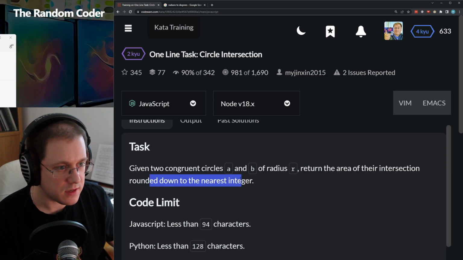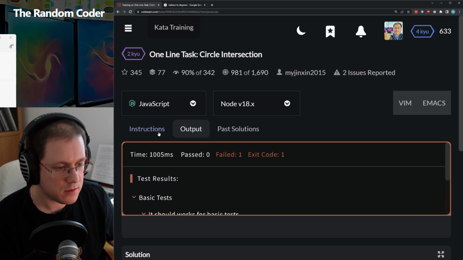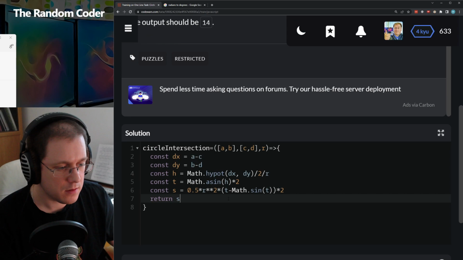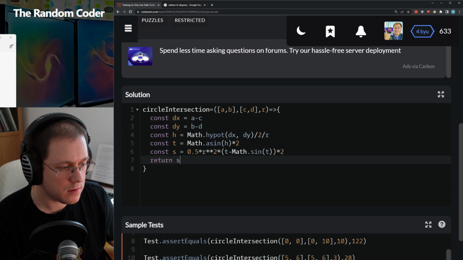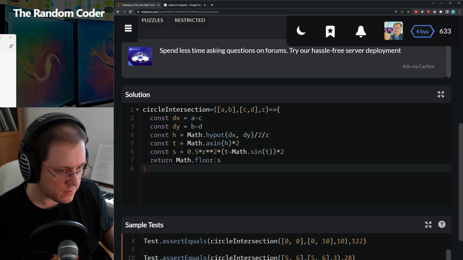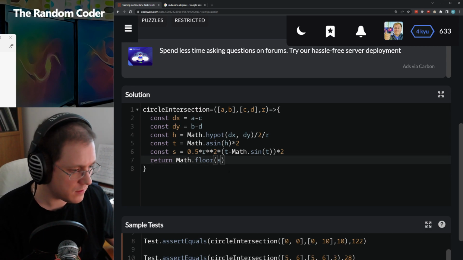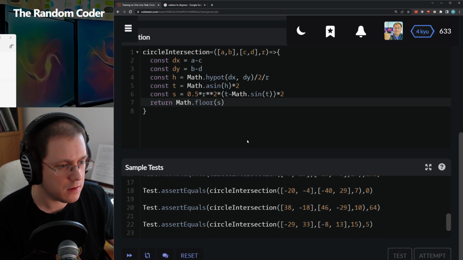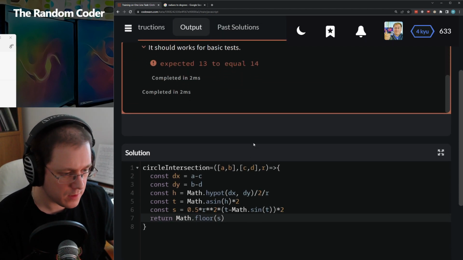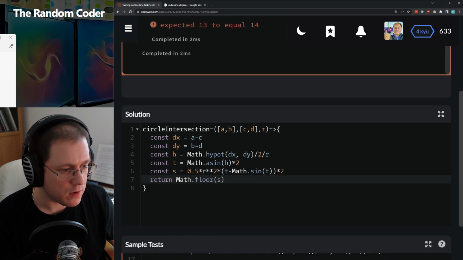Rounded down to the nearest integer, which is a little worrying. Because if I do Math.floor on this, then it's going to be 13, which is wrong. So what have I done wrong?